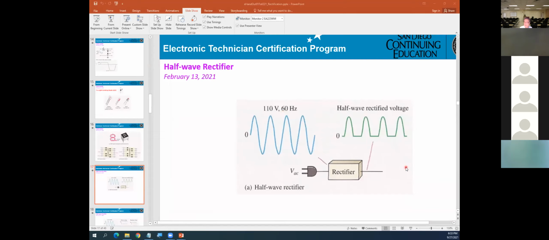Okay. The next one, half-wave rectifier. So basically, when the sine wave comes in, the output will look like that. My question is, this is the AC circuit, AC signal, sine wave. So what is the signal here?